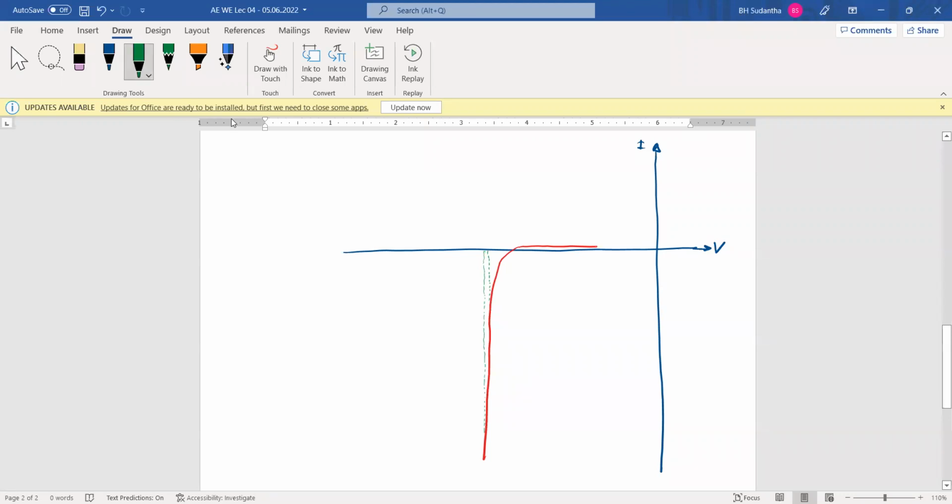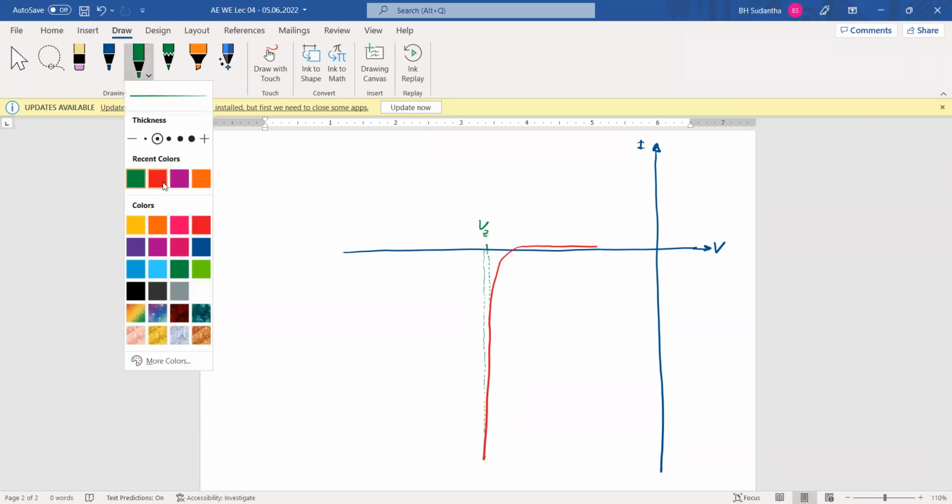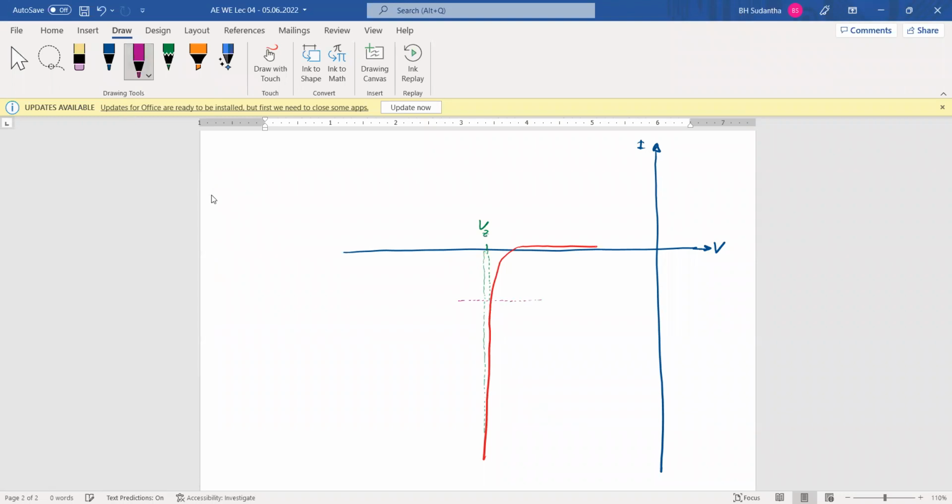Here you can take this as the Zener voltage. In this region the Zener voltage is almost the same, very closely the same, but after this point it is not linear.